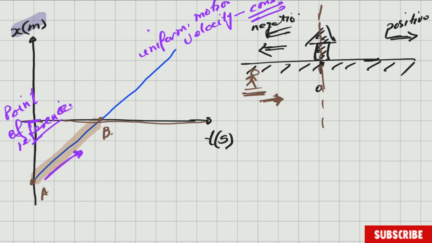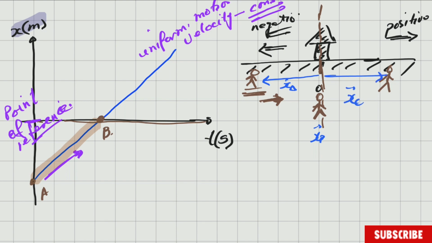Guys, that is what you see there. What happened at B? The person is now passing the point of reference, crossing it, but it didn't stop there. It continued moving until it goes somewhere here. If we go to vectors, remember these are vectors that point like this. That is why it's negative. This is position A. This one is position B, right on the axis, and this one will be position C, for example.